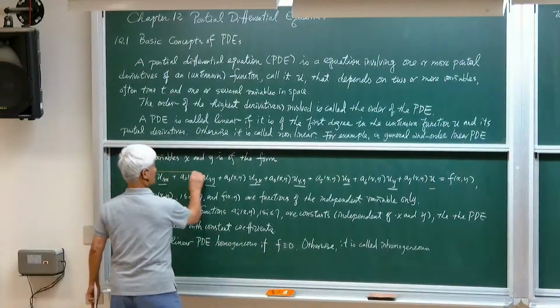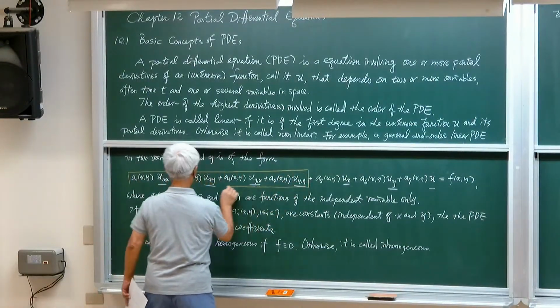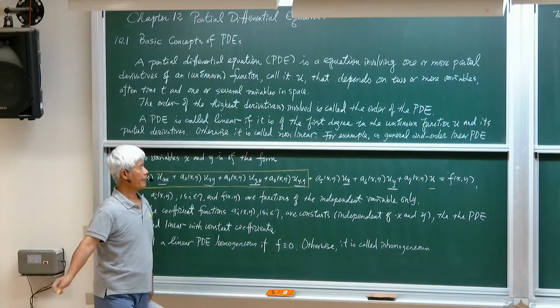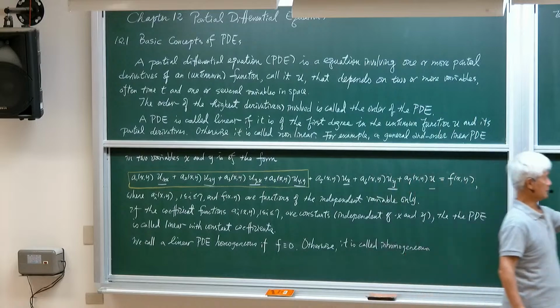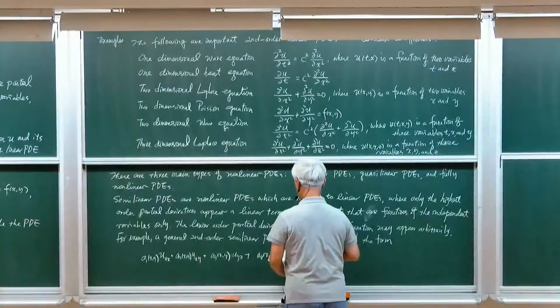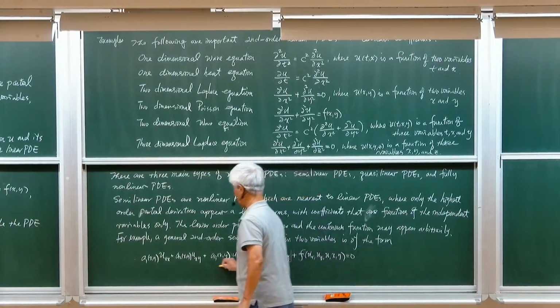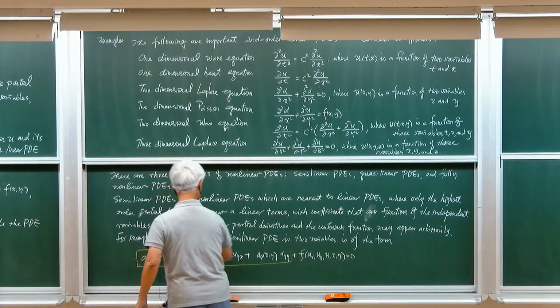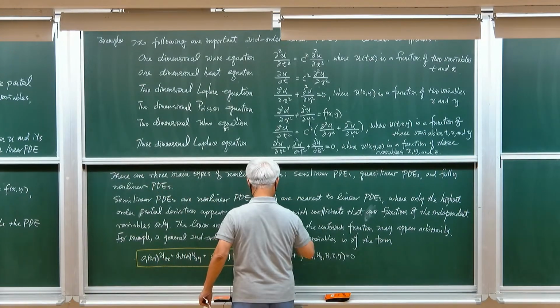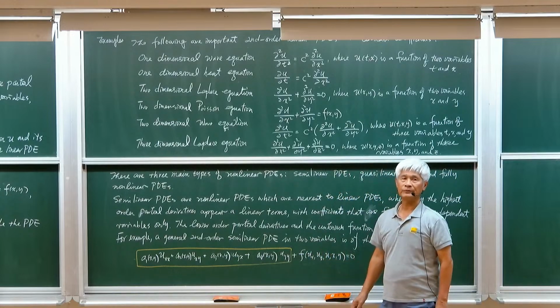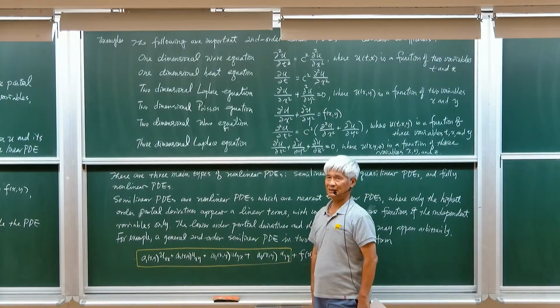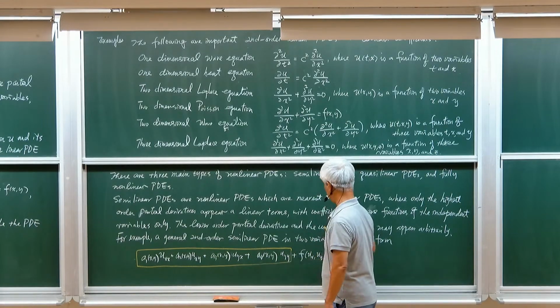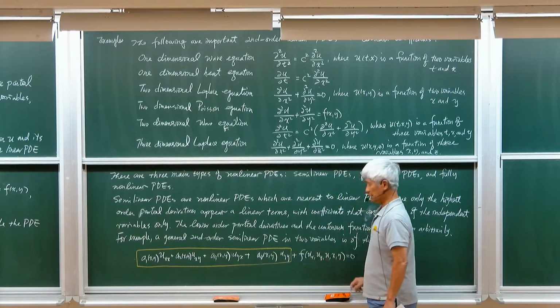And the rest can be arbitrary. So only the highest order derivatives appear linearly, and the rest is quite arbitrary.